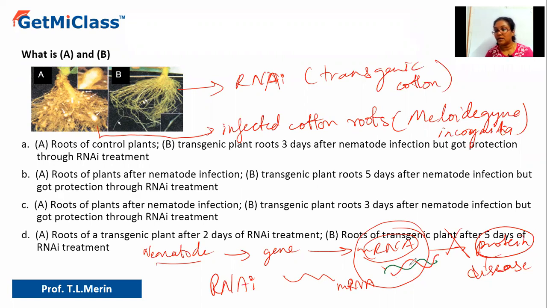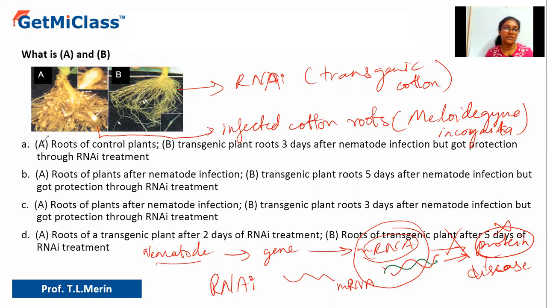So it will become double-stranded and hence will not undergo translation, and protein will not be formed. That is the RNAi method, and that has been done in this particular plant. So this is the transgenic plant where RNAi treatment has already been done. That is why the root looked healthy.